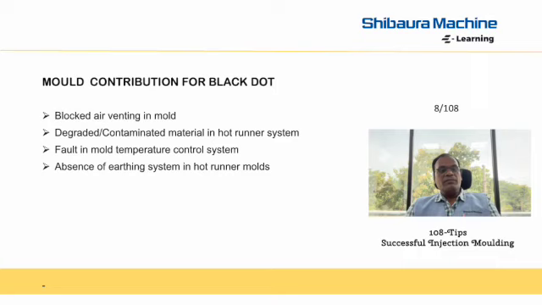Similarly, if the mold is a hot runner mold and if degraded or contaminated materials are there in the hot runner system, it can lead to black dot. A fault in the mold temperature control system also contributes to the black dot. If it is a hot runner mold, absence of an earthing system in the heating elements leads to black dots.